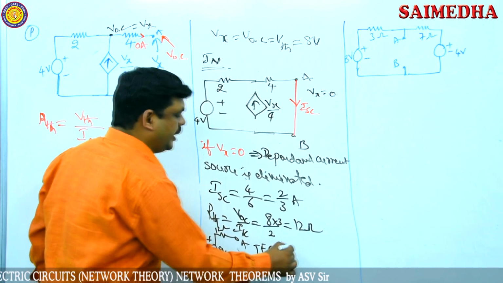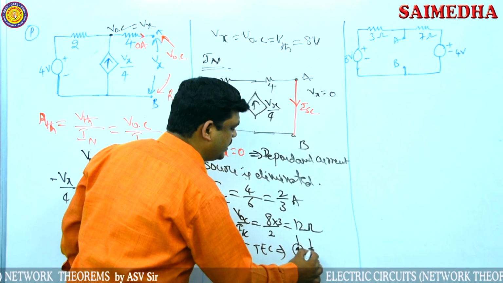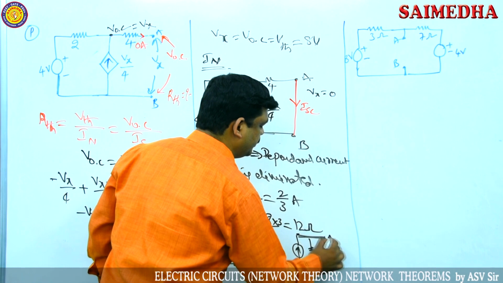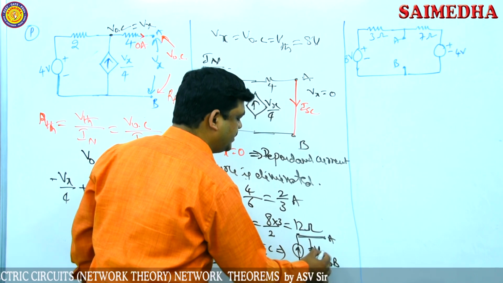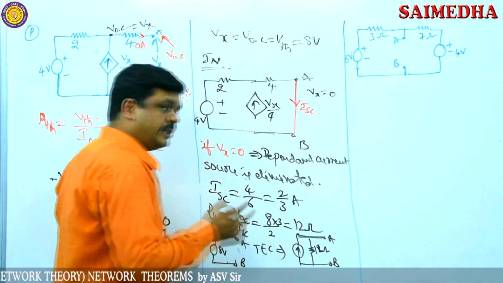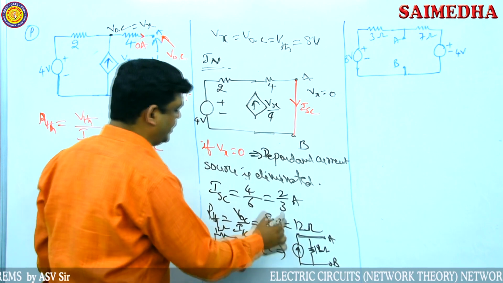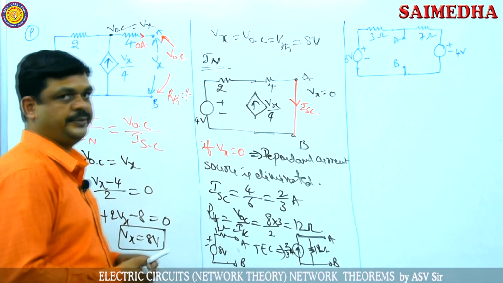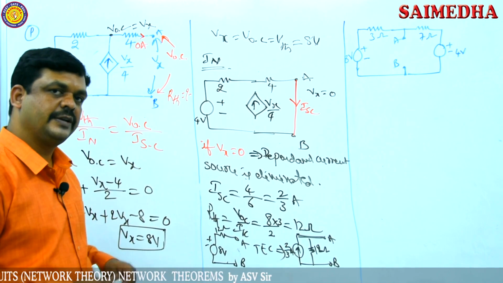And similarly, if you want to draw the Norton's equivalent circuit, one current source and one resistance, these two are connected in parallel combination. Now the Norton's resistance is 12 ohms, because Thevenin's resistance and Norton's resistance both are the same, and Norton's current is 2 by 3 amps. So this gives you directly Thevenin's equivalent circuit and Norton's equivalent circuit.